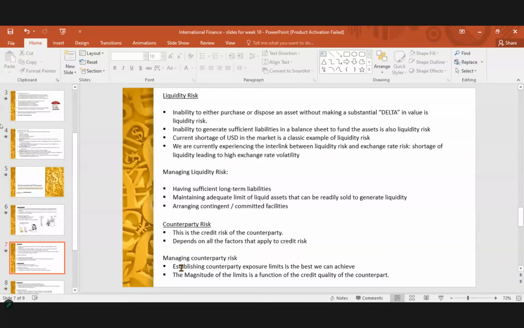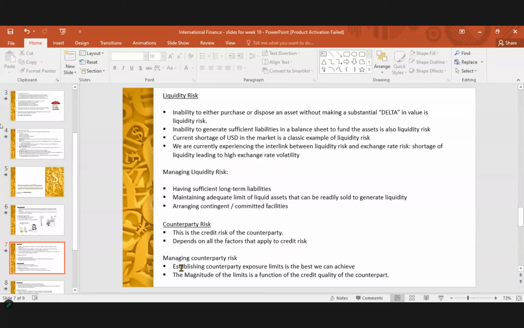So once you evaluate the credit risk and establish limits saying this counterparty is good for this amount, then usually, if the credit evaluation was correct, the probability of him defaulting within that particular limit is rather low. So establishing counterparty exposure limits is the best way we can basically avoid this.